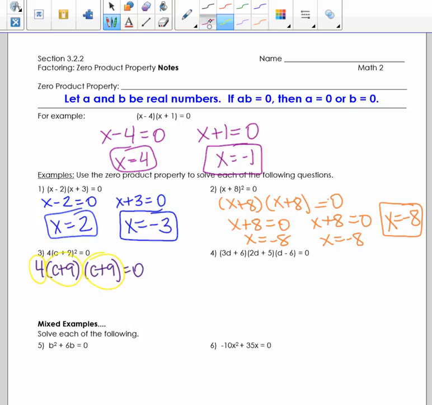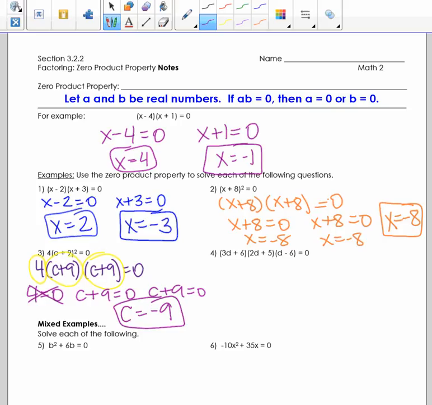So 4 could equal 0, c plus 9 could equal 0, or our second c plus 9 could equal 0. That's a little redundant, but that's mathematically what's happening. 4 equals 0 is not a true statement, so I'm going to cross that off. It's got to fall to one of the other two, which are the same thing, so your answer is negative 9.